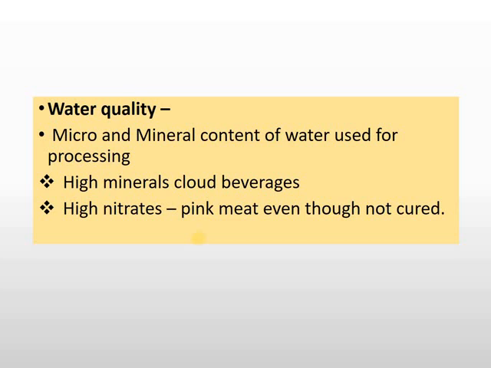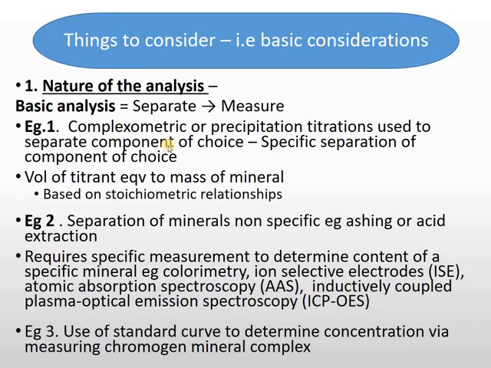It will be as if it's cured when it's not cured. So that is why it is also important to use distilled water, or water that has been processed to remove those minerals, so that it does not have a negative impact on the food product. So you can already see the emphasis.